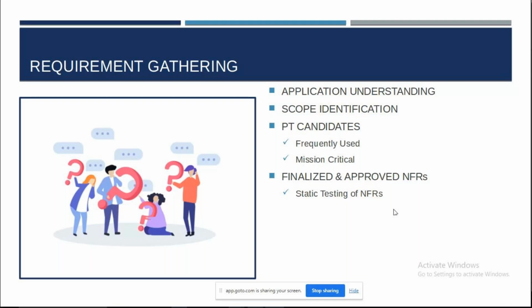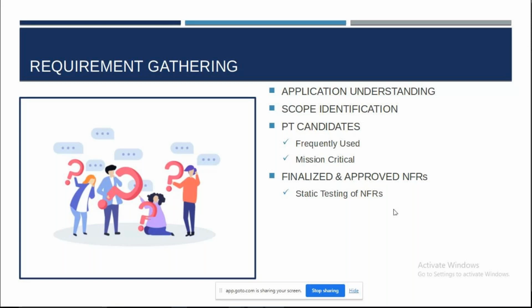Whoever has knowledge of testing might have understood that static testing is review, or analysis basically. So once you get the NFRs, you analyze those NFRs to see whether all the information you need is present in them or not.